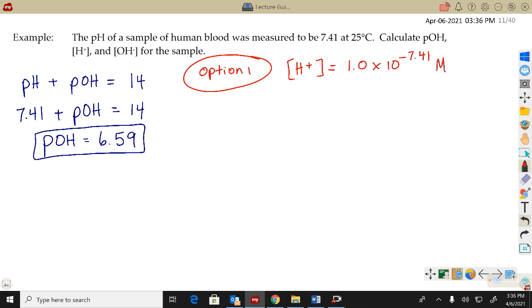Now, while that is fine, it's kind of taboo to leave an exponent that's a decimal. So if you just plug this in your calculator, just go 10 caret negative 7.41. It'll simplify things for you.